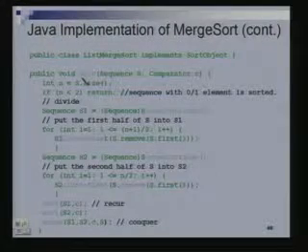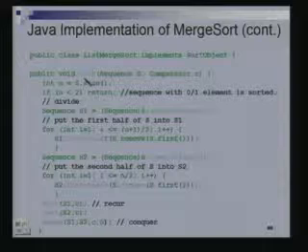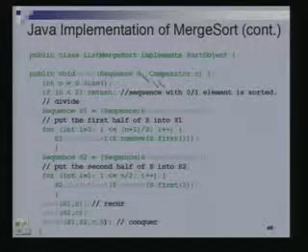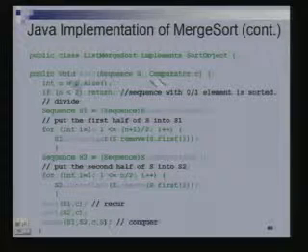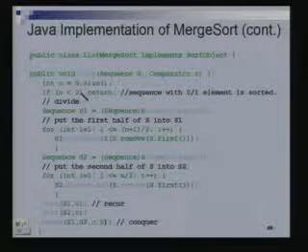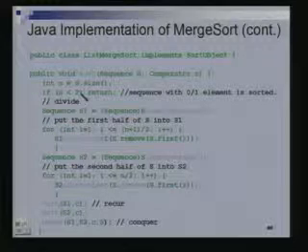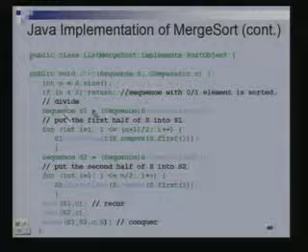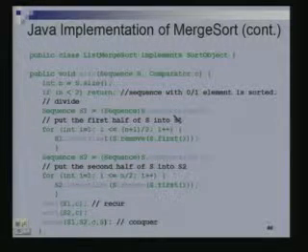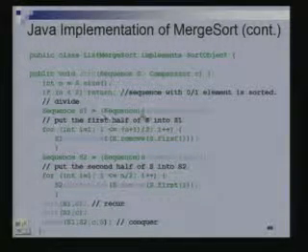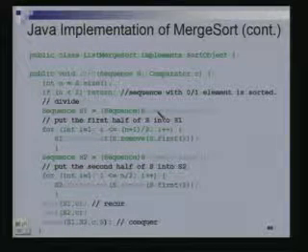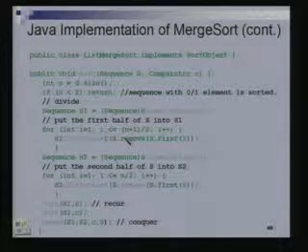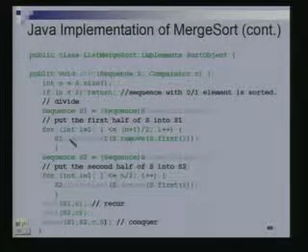So this is basically the merge sort part. You have the sort, you have the sequence, comparator. Let us say n is the size of the sequence. If n is less than 2, which means there are just 0 or 1 elements, nothing to be done, it is already sorted. Otherwise, you create a new sequence. S1 is a new sequence, and you are going to insert the first half of S into S1.